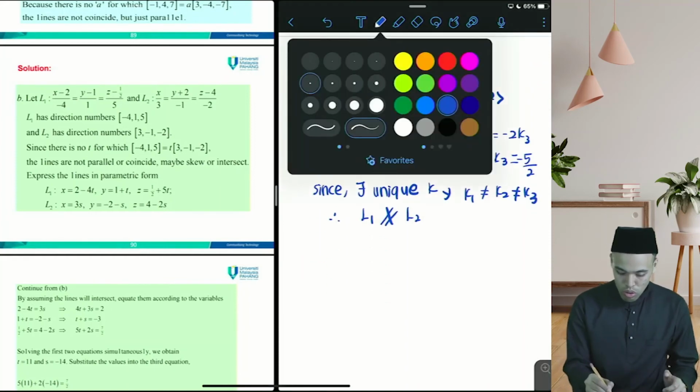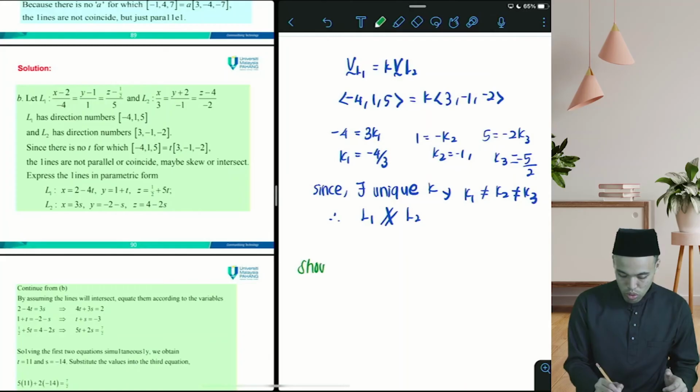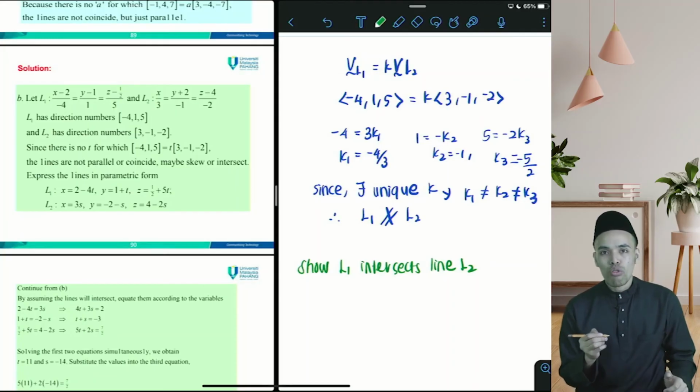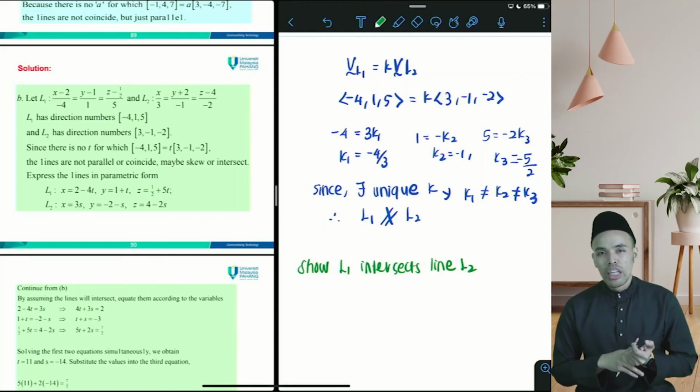So, show line L1 intersects line L2. So right now, what should you do? You have to remember, in order for two lines to intersect with each other, they have to share the same common point, which is at some point they will share the same x coordinate, y coordinate, and z coordinate.